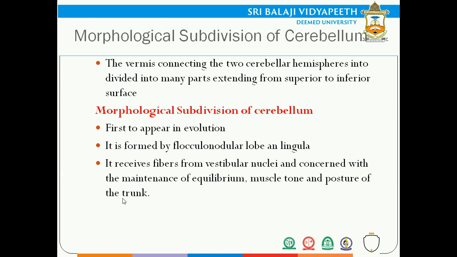Tonic means the resistance of the muscle to any force that is applied. It is the ability of the muscle to give resistance to the normal force that is applied on palpation. So when there is a defect in this resistance, we call it hypotonia. So hypotonia is one of the important clinical features of cerebellar dysfunction.